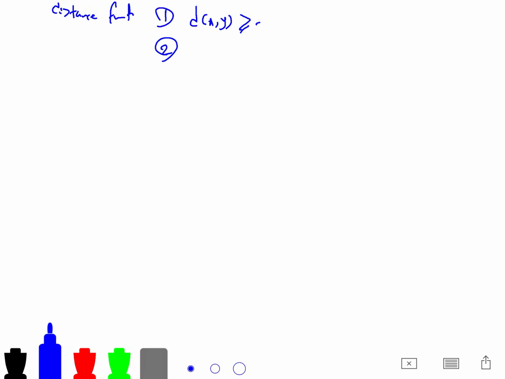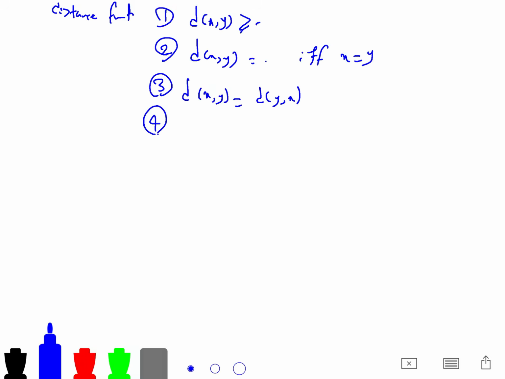And if the distance is 0, it means that it is the same point, and d of x and y is d of y and x. And finally, the triangle inequality, which we use in metric embedding to prove that our distortion is good enough, which is less than the sum of dxy and dyz.